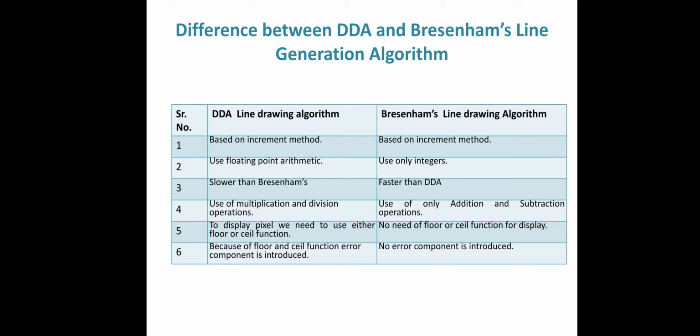And the last thing: because of these floor and ceil functions, it may happen that the line changes its original path, right? So error may be introduced. This may happen in DDA, whereas in Bresenham's no such condition will occur because there is no use of ceil and floor functions. So this is the basic difference between the DDA and Bresenham's line generation algorithms.